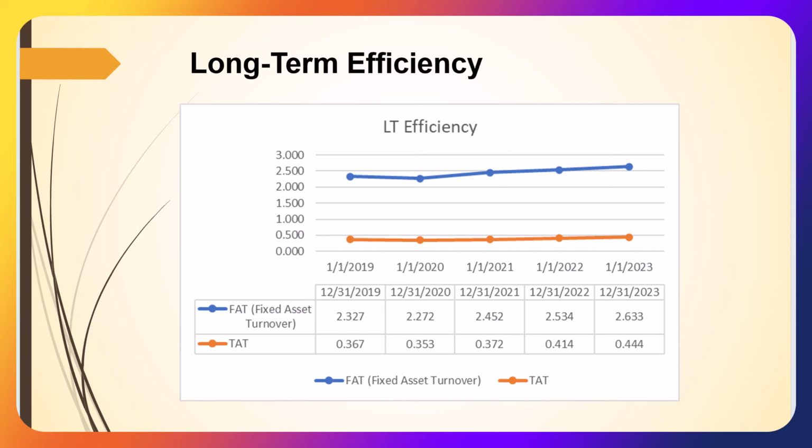We're staying in the ballpark, if you will. Is this a good number or a bad number? A more complete analysis would require us to compare this either to the industry, or maybe we pick a competitor and compare it to the competitor. That would tell us at least where we are relative to an average number, if you will.